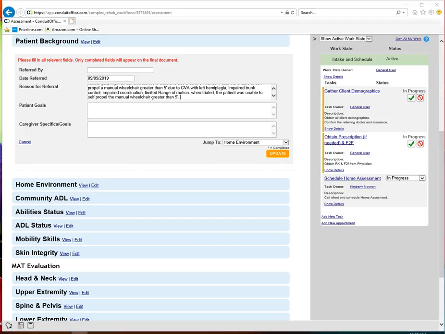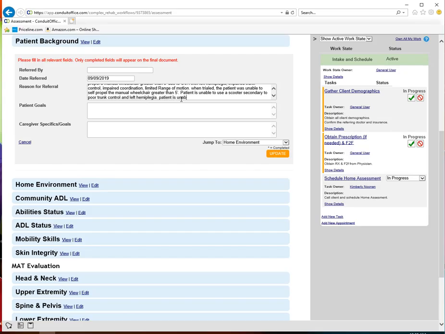Our next item is going to be our scooter. So why can't our patient use the scooter? Well, a patient has left hemiplegia and poor trunk control. The odds are they're unable to sit on the chair, sit upright, and reach the steering tiller. So we're going to eliminate the scooter now as well. So patient is unable to use a scooter secondary to poor trunk control and left hemiplegia.